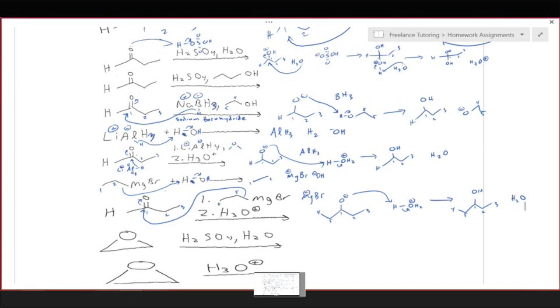It would still carry out, but it would be a weaker reaction. You'd end up with a hydroxide. Would you still get that acid-base reaction in the second step? I believe so, because the O minus is a strong base.